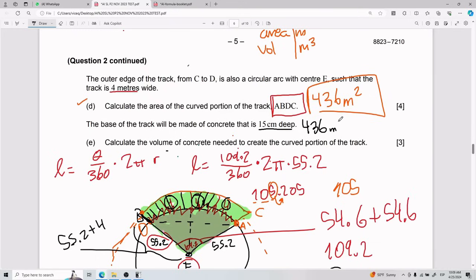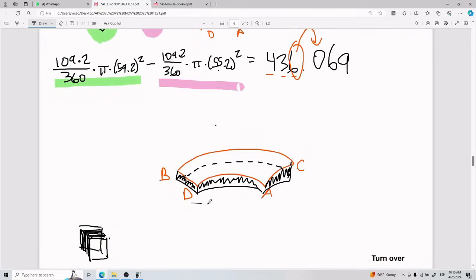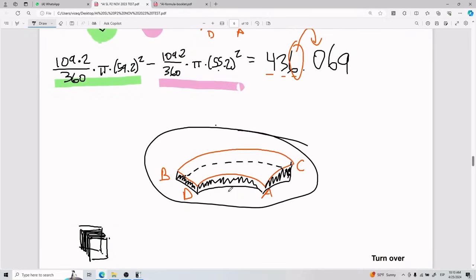So this is meters squared, and multiply it by 15 centimeters. And that's going to give you the volume, because basically you're saying this shape here, I need it to be 15 centimeters deep. And so how many times is it going below? Like 15 times, in terms of centimeters.